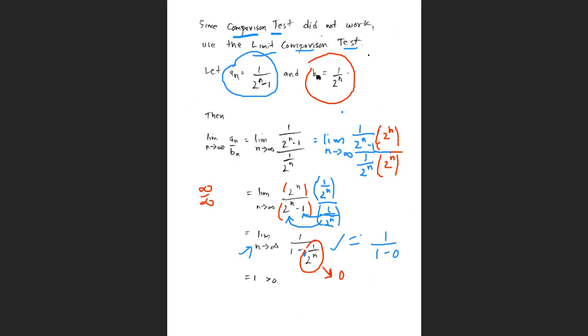So we get 1, and 1 is greater than 0. So 1 is the C value. This is saying that the terms of the two series are essentially the same. And so our series has to converge because the other series converges.